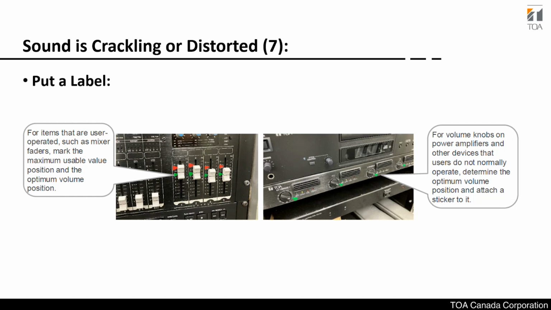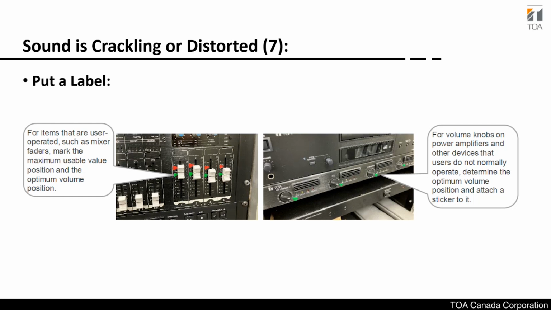So the red label is saying that's the maximum before you get distortion. The green will be the proper gain output for the particular output, for example, a mic. So that means the optimum setting will be in between the red and green marks.